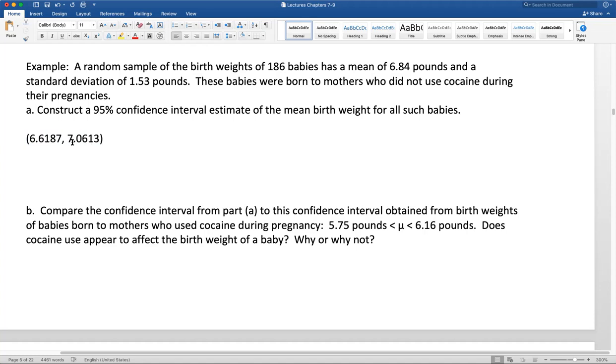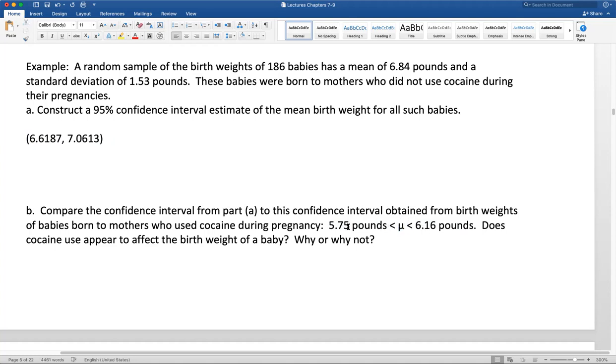And then based on that sample statistic, there's no way that the population mean is beyond that interval, right? And in here also, there's no way that the population mean is beyond that interval.